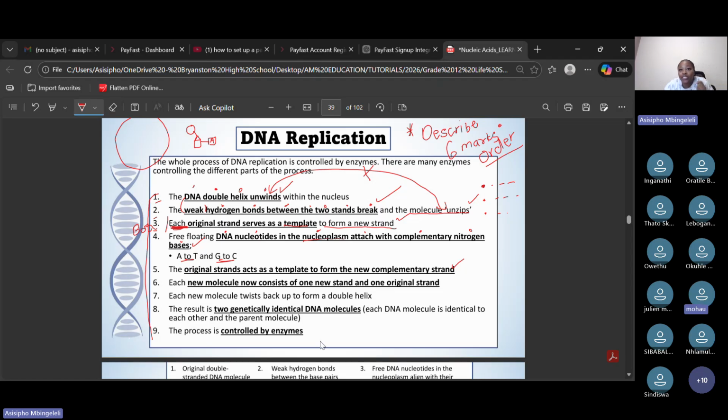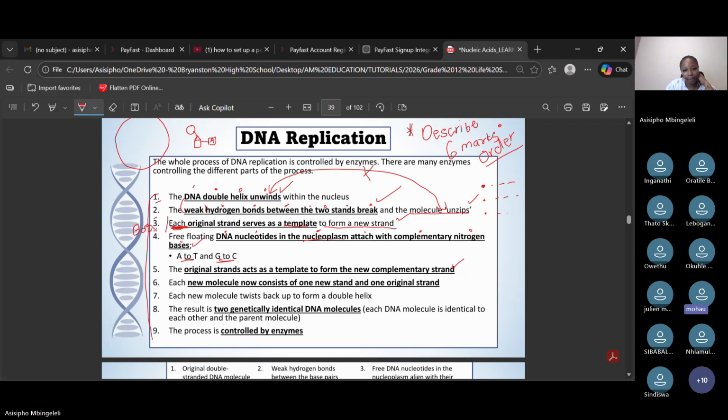Okay, now we are going to our... is there another question? Yes. I wanted to ask, my DNA replication in my textbook is different from this one. Can I still get marks from it? Because my textbook doesn't end like this one. How does yours end?